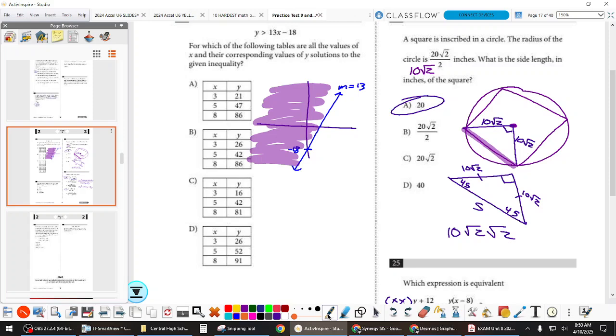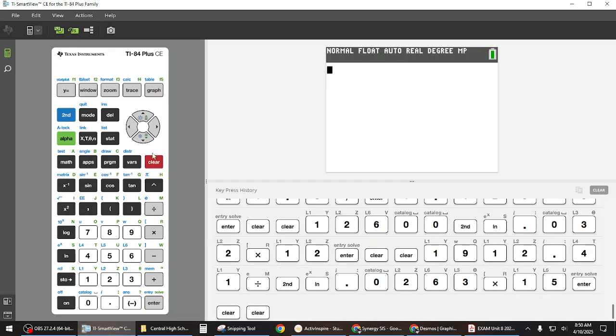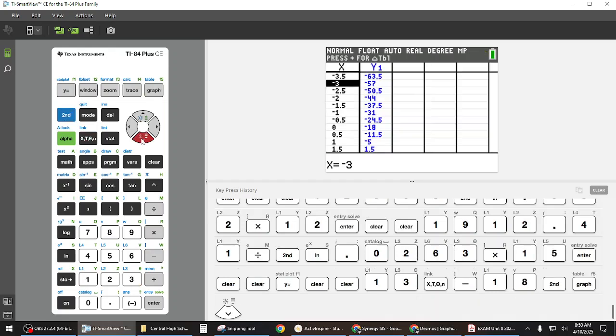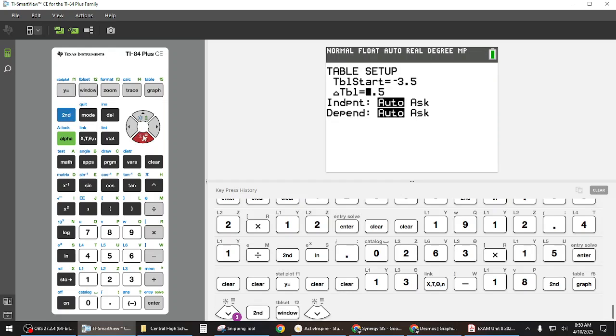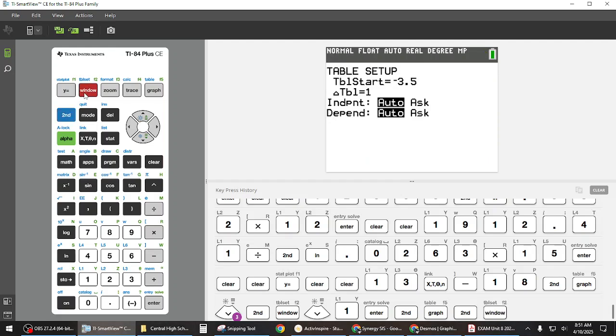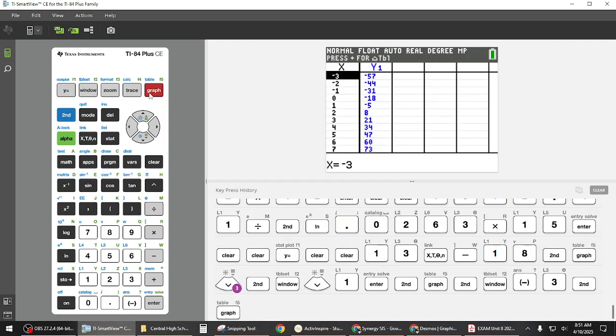If I was doing this problem, I would plug in that function just as a line, 13x minus 18. Then I would go to the table, and let's go by ones, starting at negative 3.